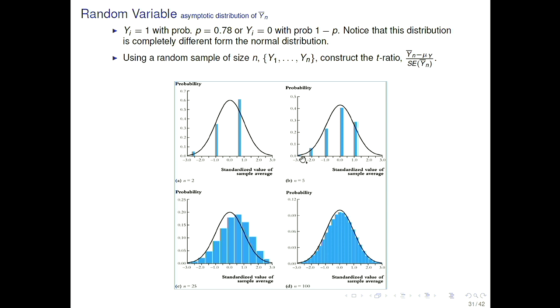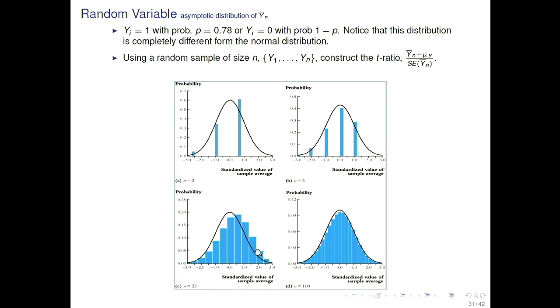Now we increase the sample size to 5. We observe 5 random variables from the same distribution, take the sample average, and construct the sampling distribution of this ratio. It looks a lot more similar to the normal distribution, but still very different. Now the sample size is 25.